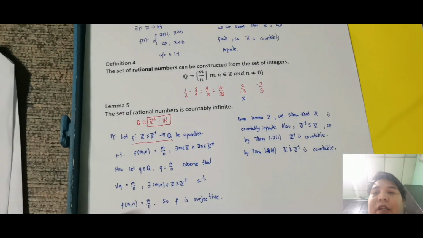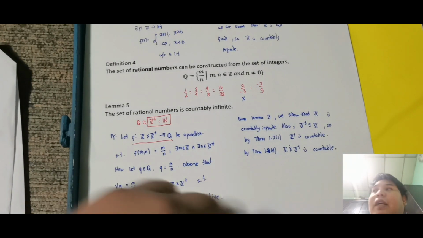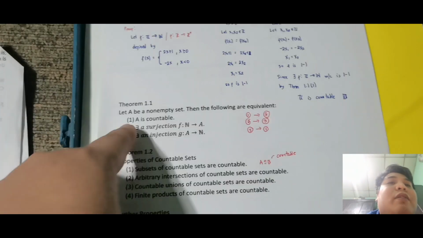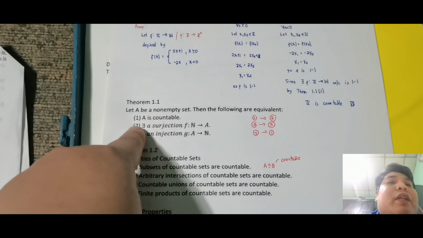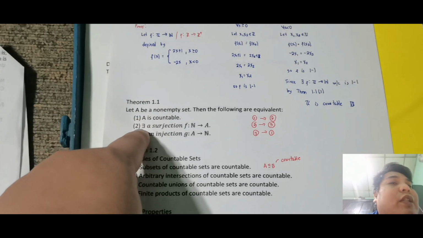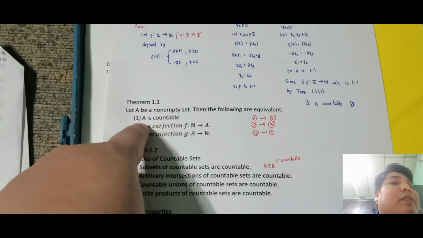Ngayon, since countable na yun, ang sabi ulit ni theorem, pag yung A countable, may mag-i-exist na surjection. Kasi 1 implies 2.